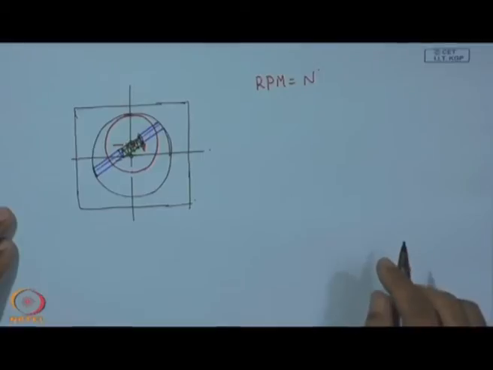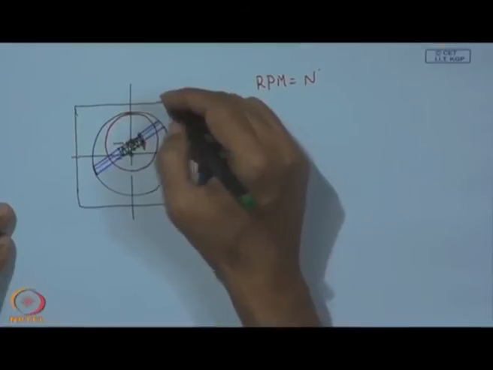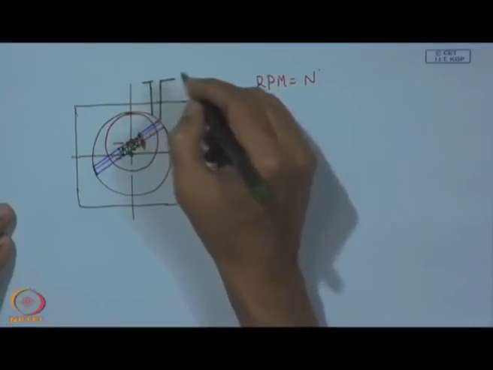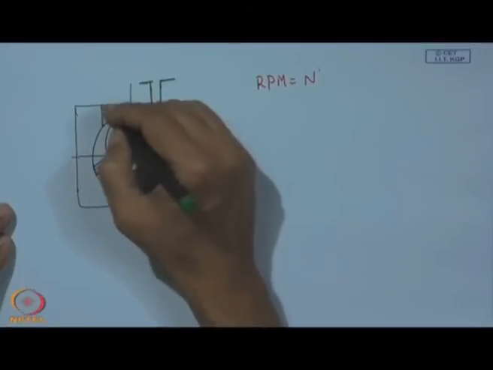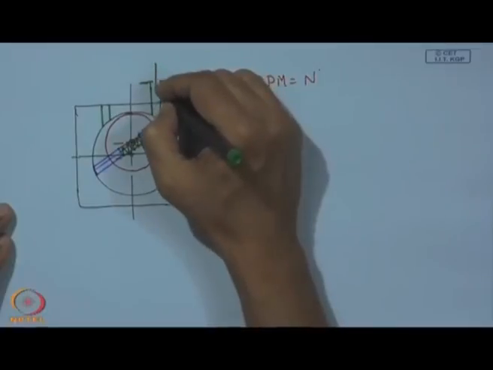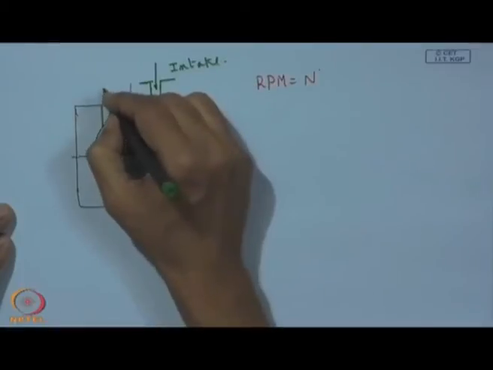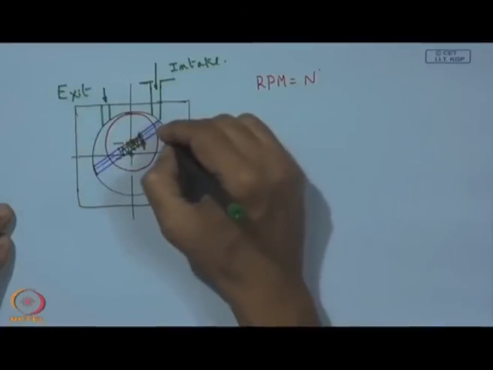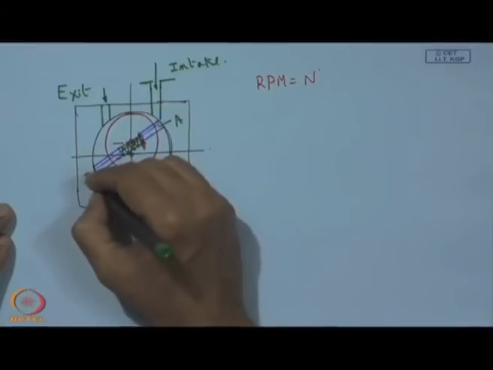Now here we have one intake port which is connected to the pump, and here also we have one exit port. So, this is intake and this is exit. This is vane A and this is vane B.